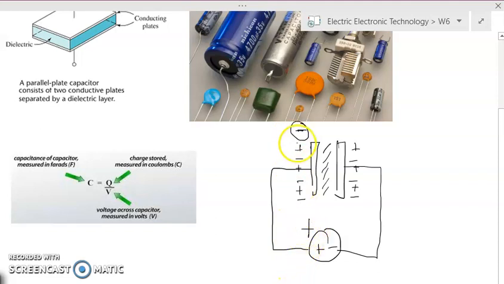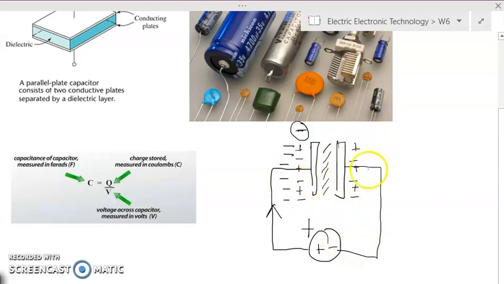When you have a positive terminal and a negative terminal like this, the current will flow from the positive to the negative. So what will happen when the current flows from this positive terminal to these plates? All the electrons from the positive terminal will be accumulated in this plate. So now it becomes a very negatively charged plate.